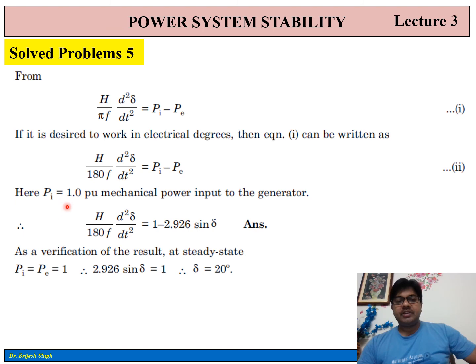Hence Pi is 1 per unit mechanical power input to the generator. So that is H upon 180 f, this one, 1 minus Pe, and the answer will be this one. Now, as a verification of the result, at steady state Pi is equal to Pe is equal to 1, and delta is equal to 20 degree, which was already found.